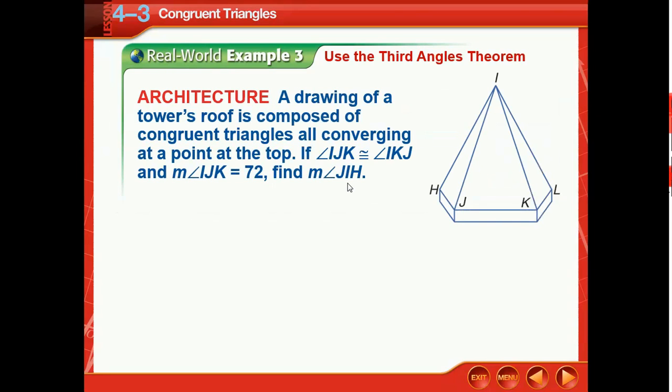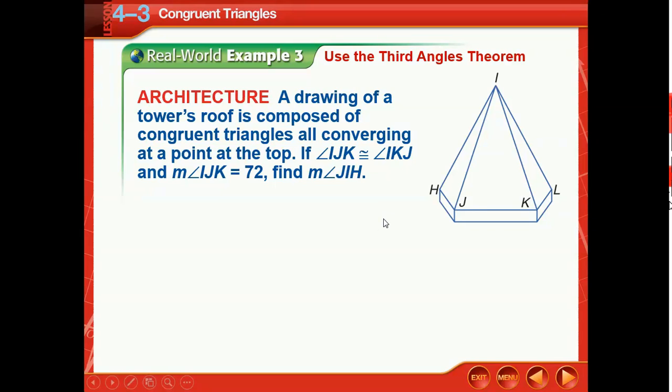All right. Example 3. Fancy little picture we have over there. I don't know what that is. The top of a church? Sure. Say that is. A drawing of a tower of a roof. Ah, there we go. It is composed of congruent triangles, all converging at a point at the top.